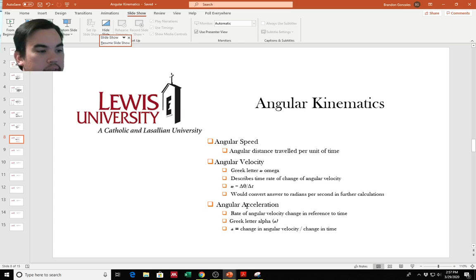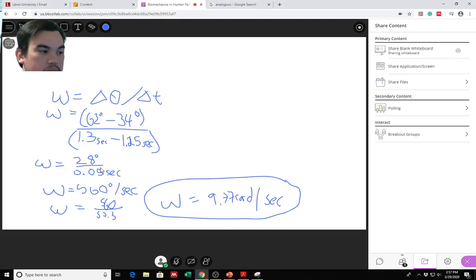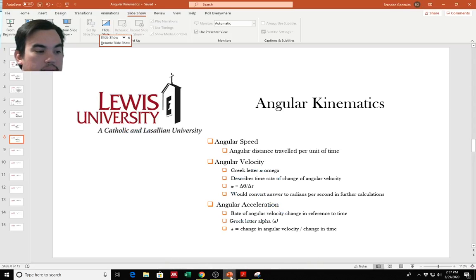Okay, and then the angular acceleration, the rate of angular velocity change over the change in time. So pretty much I would take alpha, and it's almost the exact same thing. So a change in angular velocity. So if I'm moving from, we'll just say, 62 degrees per second to 34 degrees per second, then it's going at the same time change.